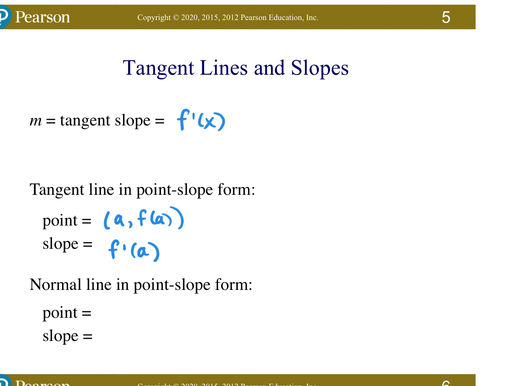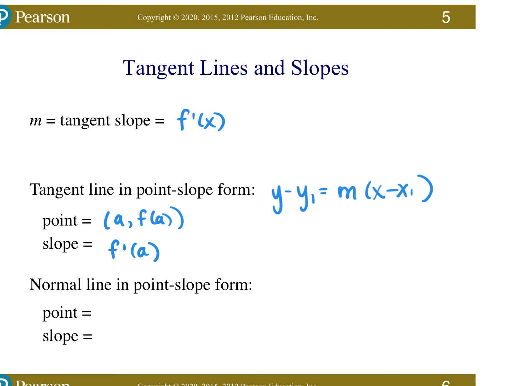Point slope form, if you remember from chapter 0, was y minus y1 equals m times x minus x1. But instead of the y1, the x1 and the m, we're going to use these a values.